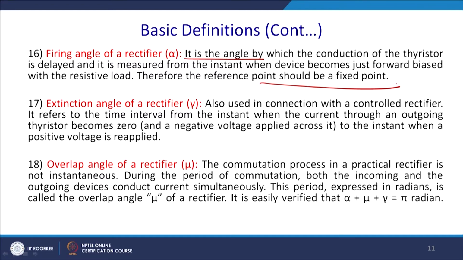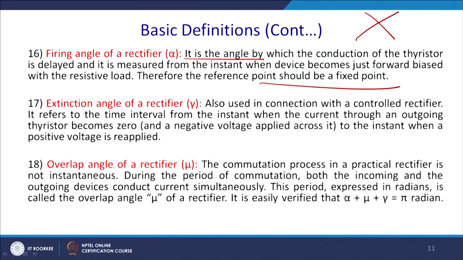For the single phase it is the forward zero crossing, and for the 3 phase it is the place where VC and VA cross. That place is considered as the firing reference. We can start calculating the firing angle from that point for the 3 phase, but today our discussion will be mainly on the single phase.